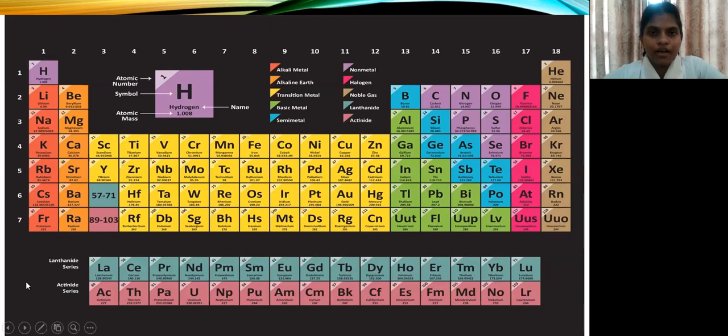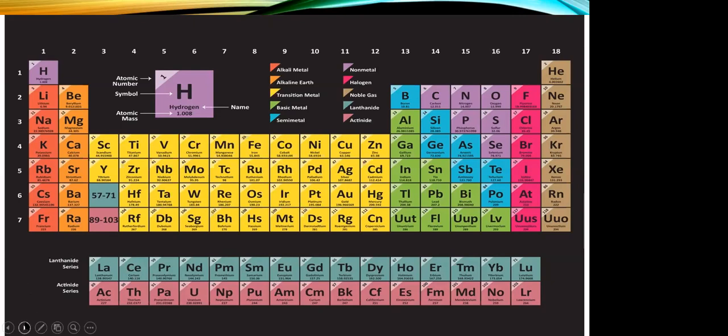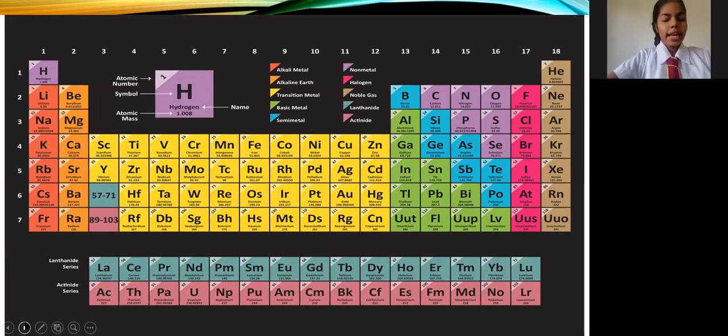Those elements are classified into a few groups. The elements highlighted in red are called alkali metals, alkaline earth metals in orange, transition metals in yellow, nonmetals in purple, halogens in pink, and noble gases in brown.